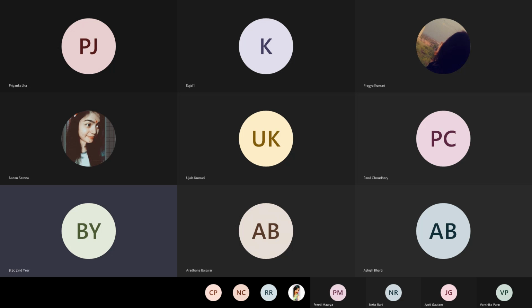The examples are ampicillin and amoxicillin. Second is carboxypenicillin, third is ureidopenicillin, and the fourth one is amidinopenicillin. These classifications come under the third one, the extended spectrum penicillin.